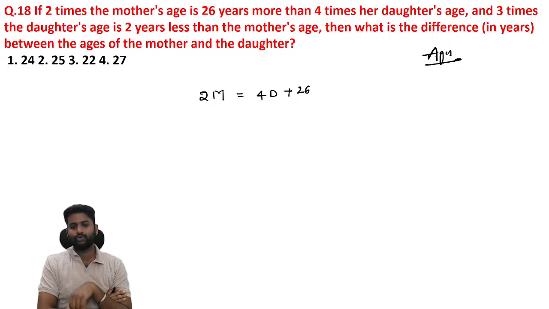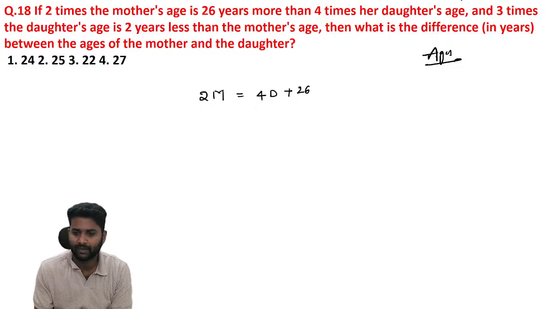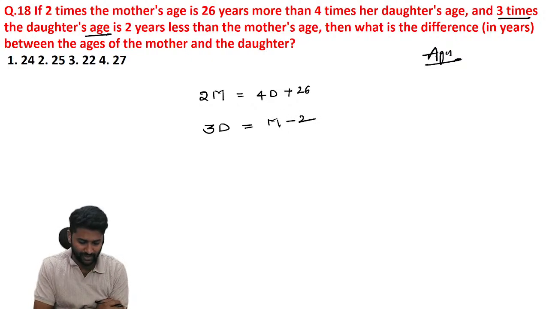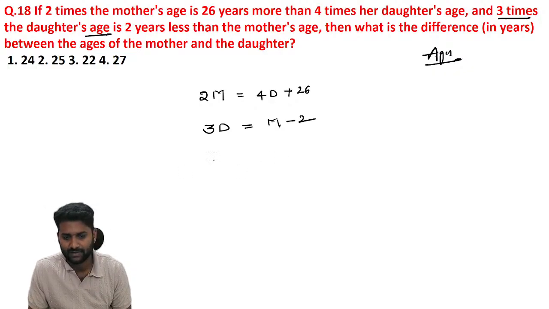If you take 2 times the mother's age, that value is 26 years more than 4 times the daughter's age. And one more data says that 3 times the daughter's age is 2 years less than mother's age. So we are done with the understanding of the statement. Just replace here to here.